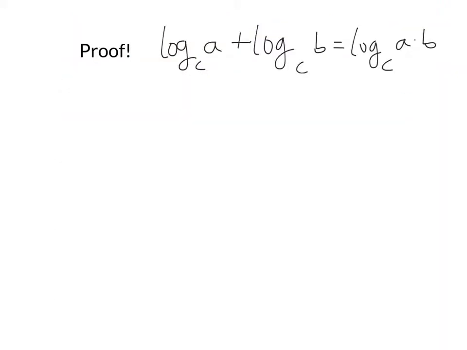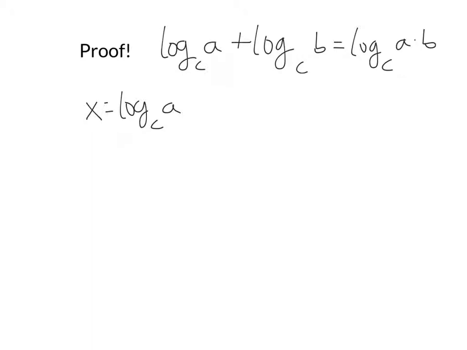Now, in order to prove this one over here, I need to start off making some basic definitions. I'm going to start off by saying that a number, or let's just say x, is equal to log base c of a.